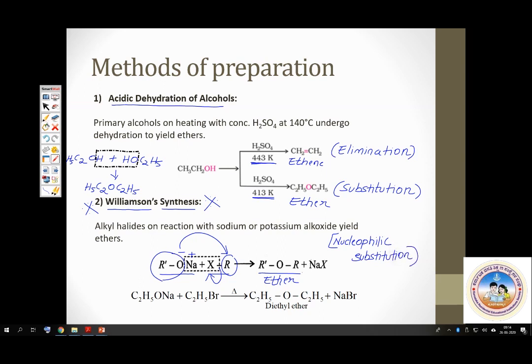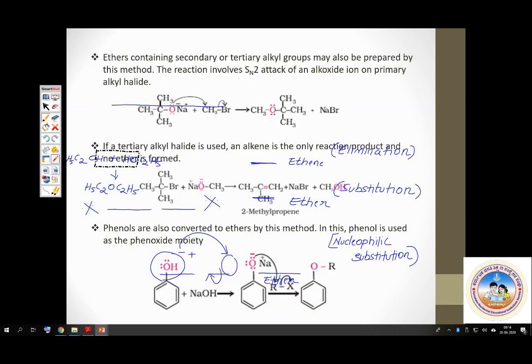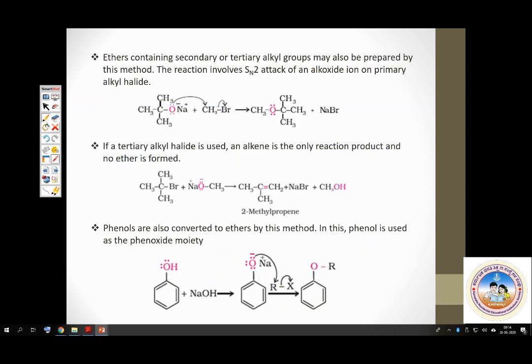These are some conditions you need to keep in mind. If you want to prepare ethers containing secondary or tertiary alkyl groups, like the example here, you'll notice there is a tertiary alkyl group.